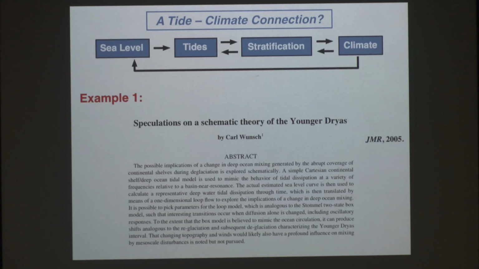But in the Younger Dryas, it suddenly went cold again for a short period, and then it started warming up again. So Carl looked to think, well, could tides be an explanation for this? Could the changes in the tide in the Atlantic cause changes in tidal mixing, which changes the stratification, changes the meridional overturning?